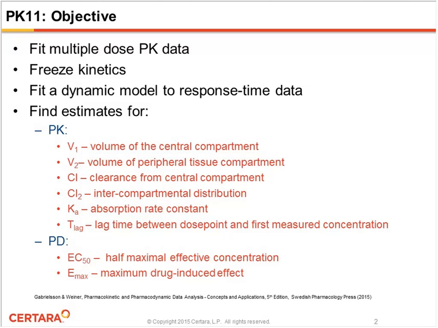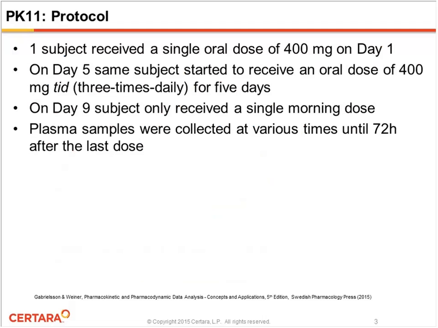What do we have? Typically, we have one subject, so we want to keep it simple with individual modeling. This subject received a single oral dose of 400 mg on day 1. Then there was a pause, and on day 5, the same subject started to receive an oral dose of 400 milligrams 3 times daily for the continuation of 5 days.